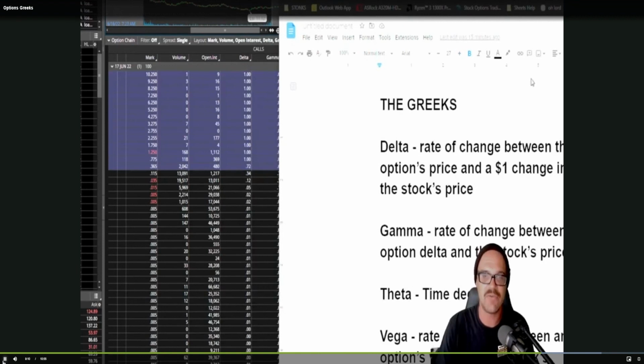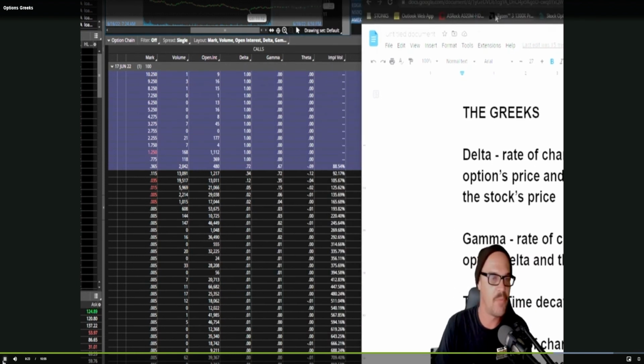So just to be sure, I want to bring up our definitions, right? I don't want to leave you without going over this again. Delta is the rate of change between the option's price and a $1 change in the stock price. Ford goes up $1, remember, that option would have gone up 34 cents. Gamma is the rate of change between the option's delta and the stock price. So if Ford had gone up $1, the delta would have increased by 72 cents.